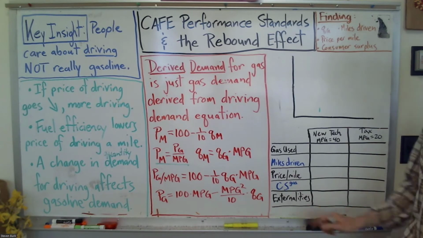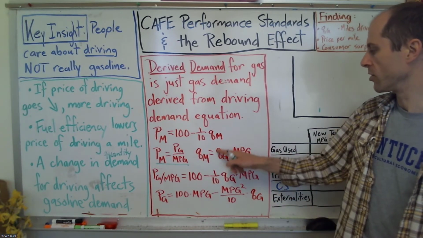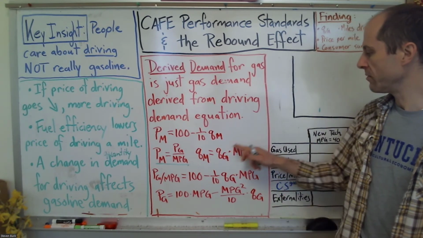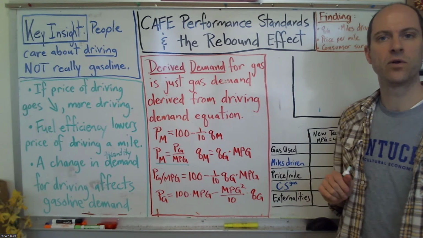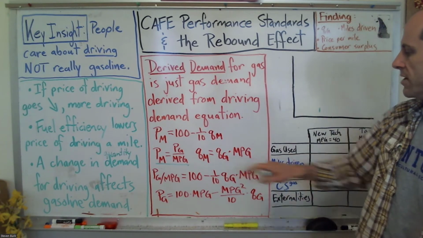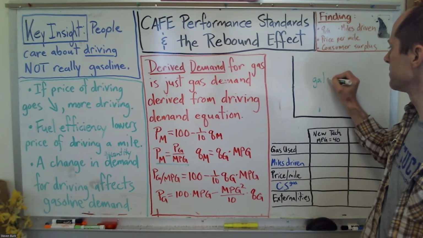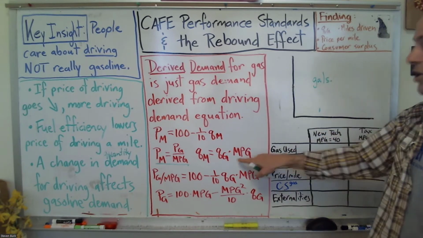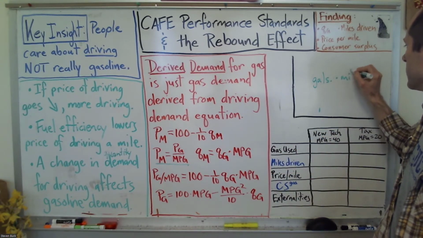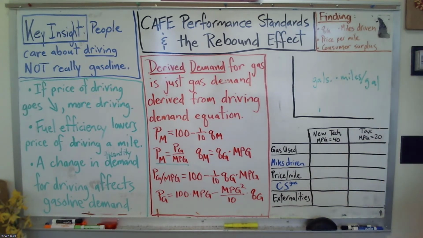The second identity relates the quantity of miles driven to the quantity of gasoline consumed. It's also going to be related via the fuel efficiency, or the miles per gallon. This should also make sense. The units on QG is gallons. The units on miles per gallon is, well, miles per gallon.